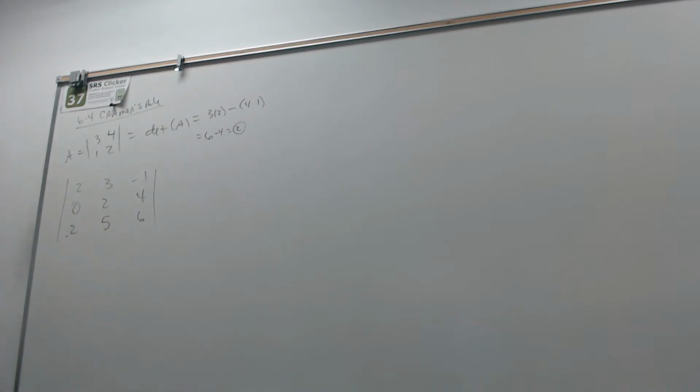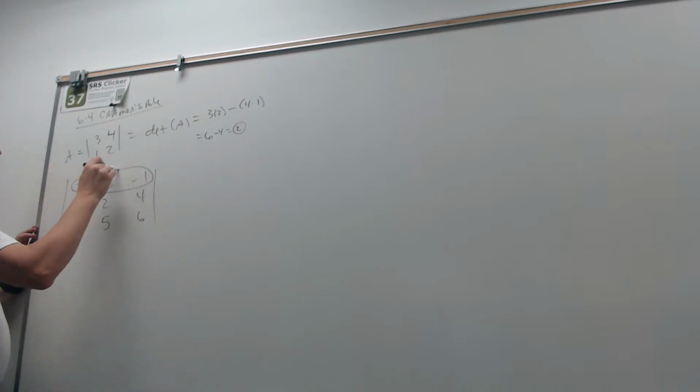I can do it by any row or any column. So I'm going to do the top row, and then I'm going to do it again with the first column, and you're going to see why I like that.